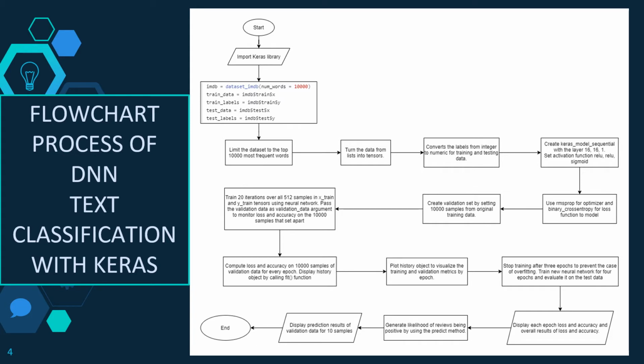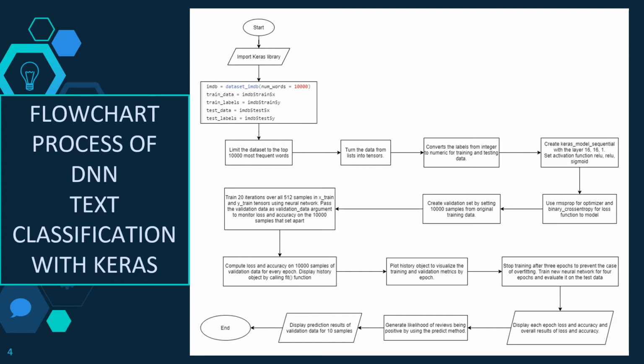Then create a validation set by setting apart 10,000 samples from the original training data, and then train for 20 iterations in batches of 512 samples on the x_train and y_train tensors using the neural network.